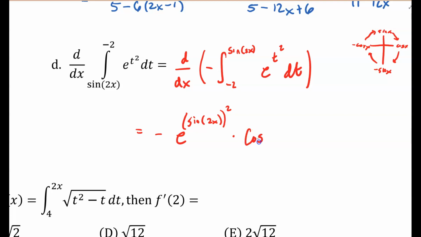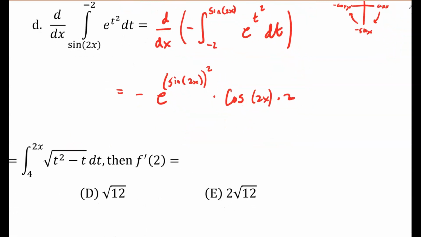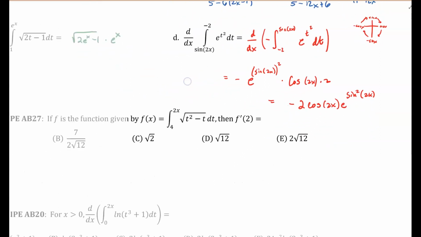So anyway, times cosine of 2x, and don't forget the chain rule, which is 2. We have a 2 there. And we can clean this up. So we get negative 2 cosine of 2x times e to the power of sine squared 2x. There you go. All right.